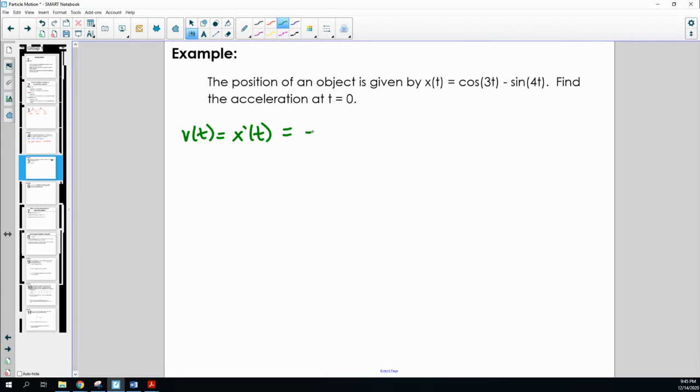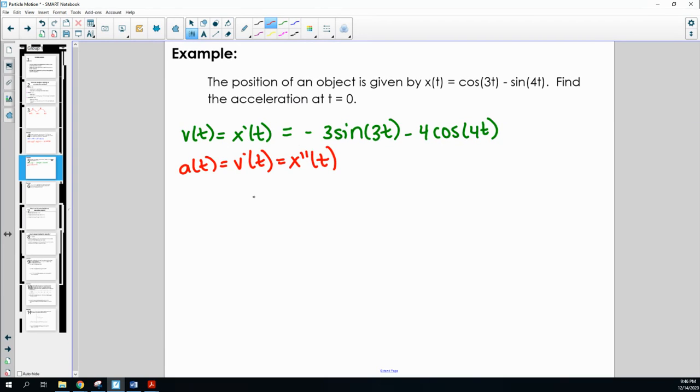So I'm going to get negative 3 sine of 3t, and then negative 4 cosine of 4t. That is the first derivative, the velocity, but I need the acceleration, so I'm going to find it by taking the derivative of the velocity, which is the second derivative of the position.